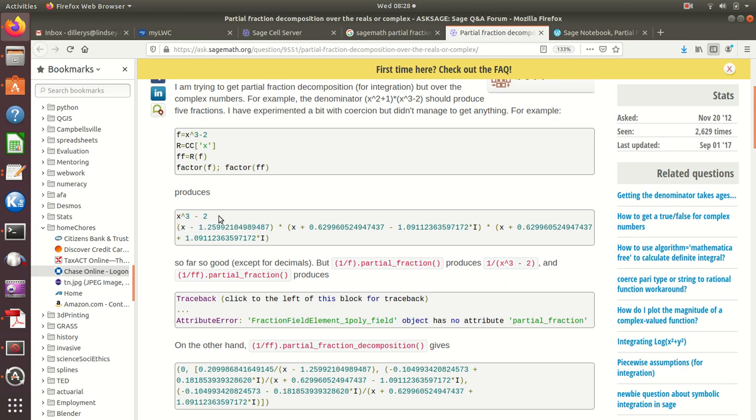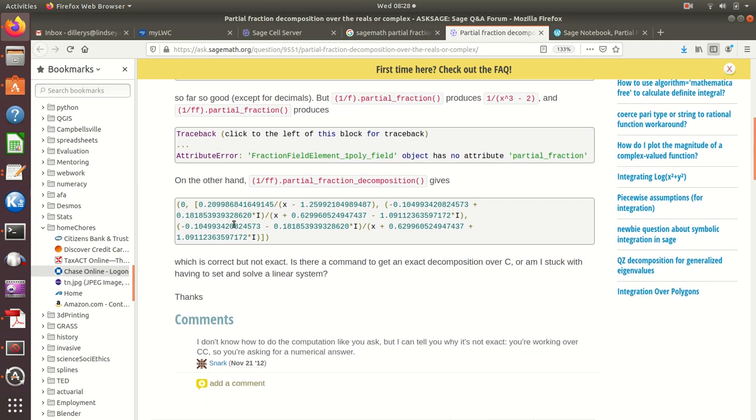So why didn't it do it up here? Well, my guess is that is a truncation of an irrational number. So when you ask Sage to factor something, it probably tries to factor it in the rationals. Okay, so it didn't factor that.